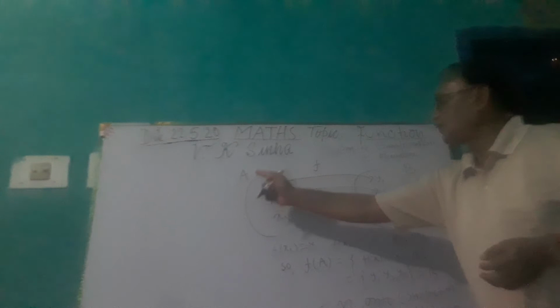So we can easily verify or conclude which type of function f is. Here A is the domain of f and B is the codomain of f. Let's take another example.